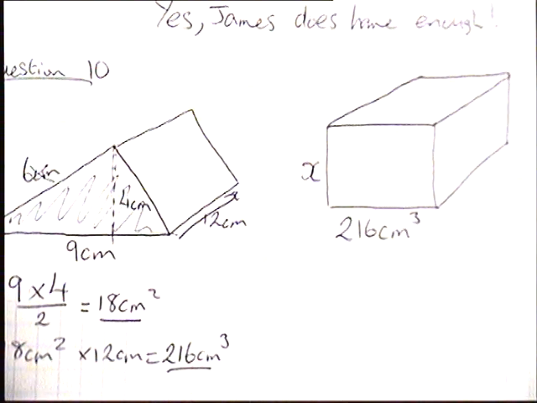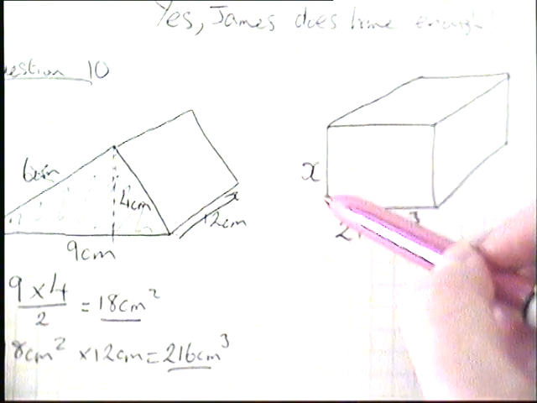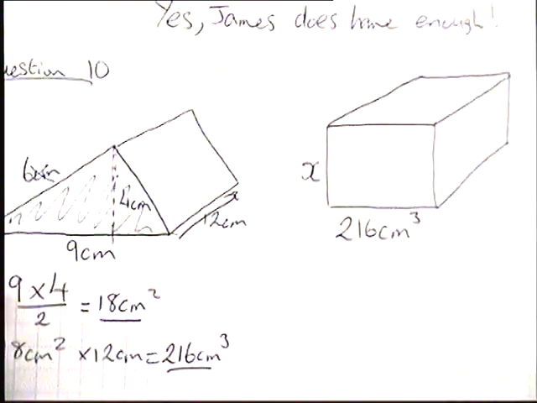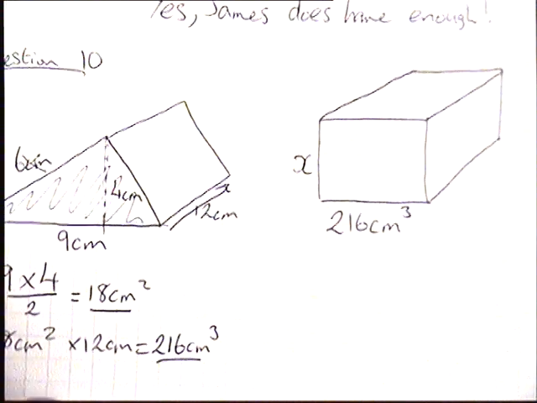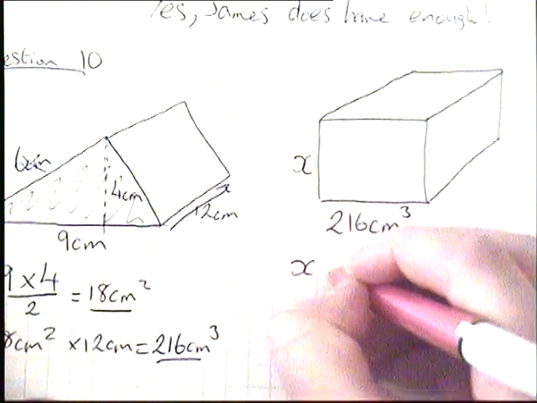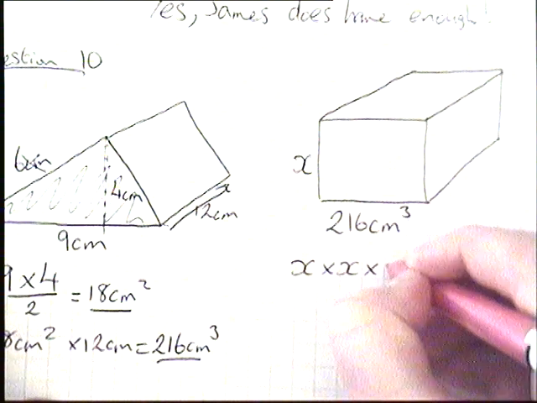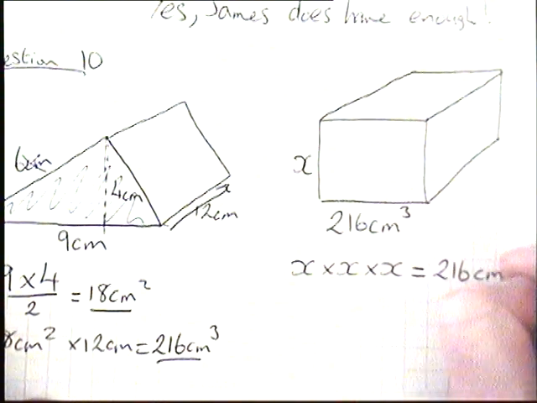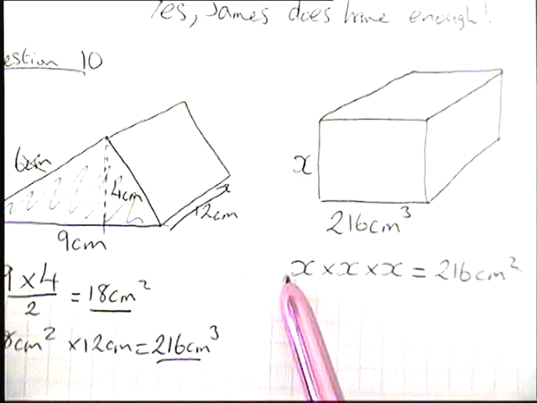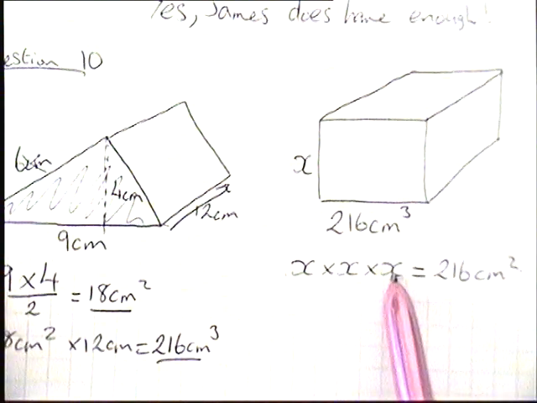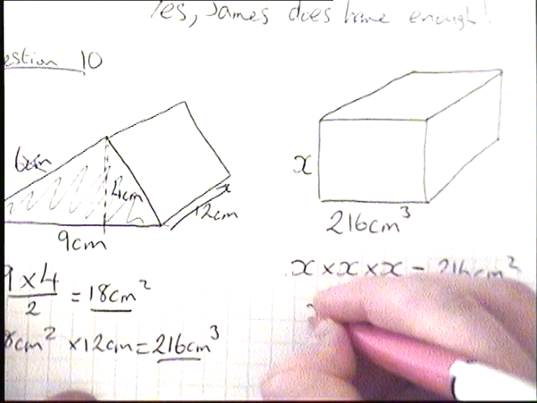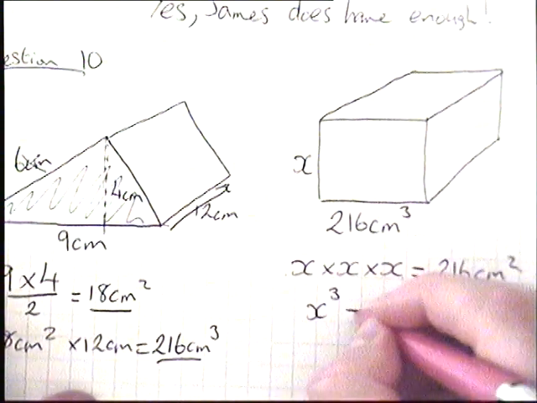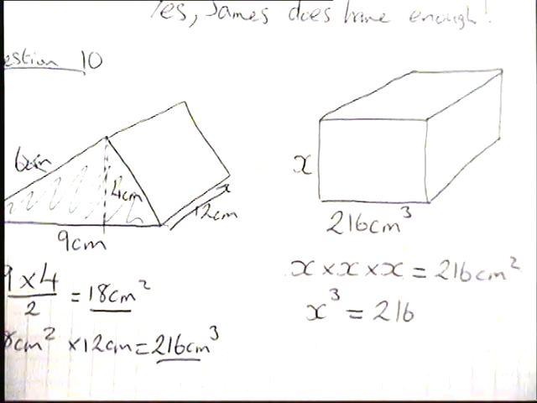And we know to find the volume of a cube, we do each dimension multiplied by each other. Now, because it's a cube, all sides are the same length. So it would have been x times x times x equals 216 centimeters cubed. To simplify, we can rewrite that as x cubed equals 216.